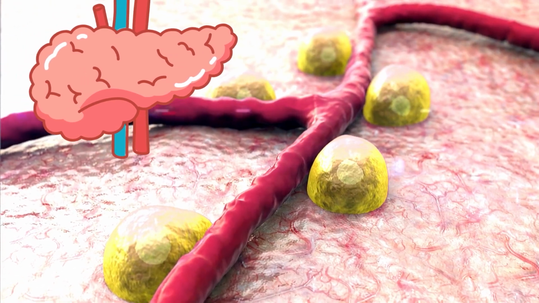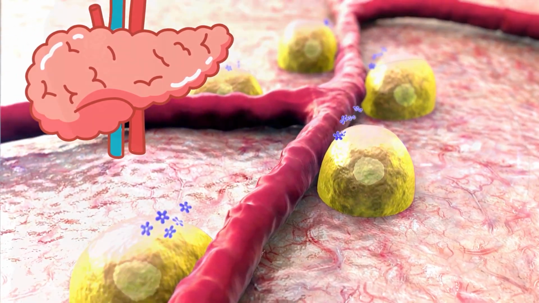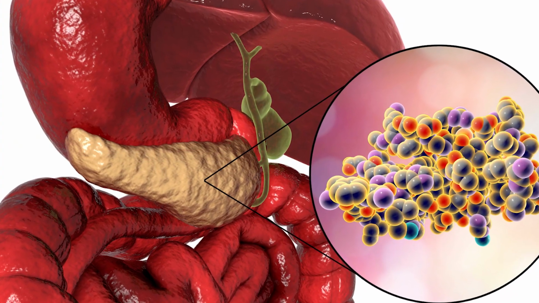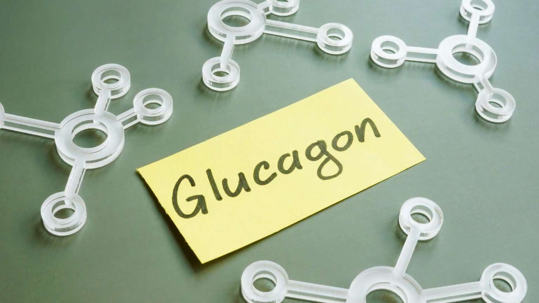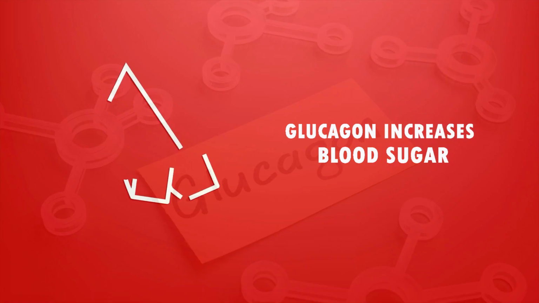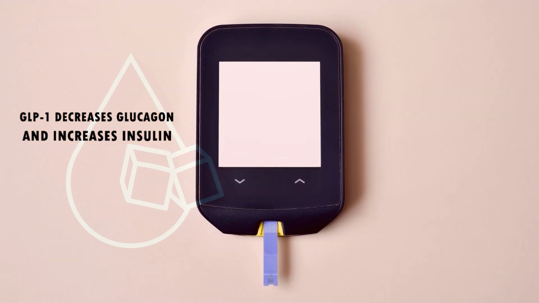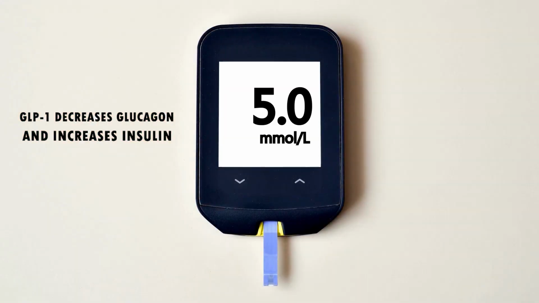What the insulin does is lower your blood sugar. Furthermore, GLP-1 also interacts with the neighboring cells responsible for producing glucagon, and it decreases the glucagon release. Usually glucagon increases blood sugar, but GLP-1 decreases glucagon and increases insulin, and thereby it leads to a decrease in blood sugar levels.